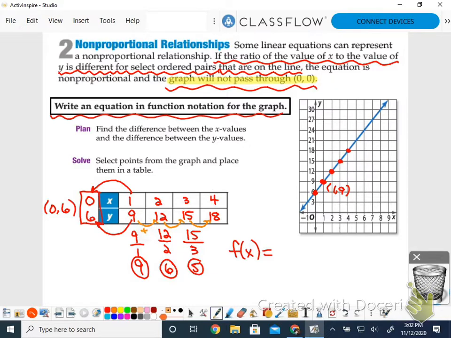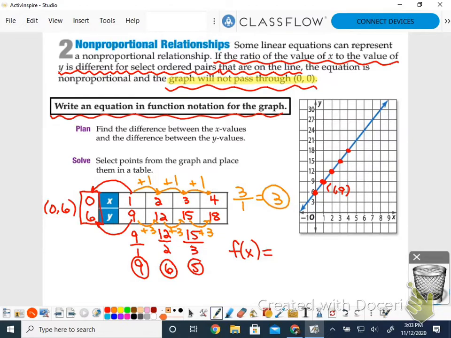So we said that's plus 3, plus 3, plus 3. How much do my x's go up every time? Plus 1, plus 1, plus 1. To find rate of change, I'm taking the changes divided by one another. So that would be 3 over 1, which is 3.